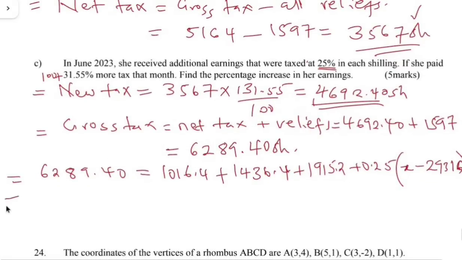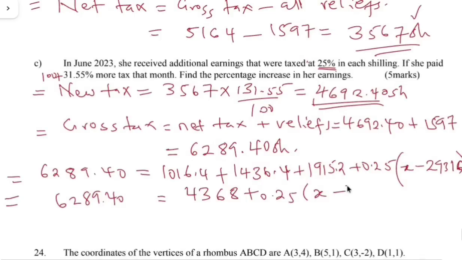Okay, ukiadd hizi zote, take 1,016.4 plus 1,436.4 plus 1,915.2 itanipa 4,368. Okay, na kumbuka hapa ni 6,289.4 plus obviously 0.25 multiplied by x minus 29,316.